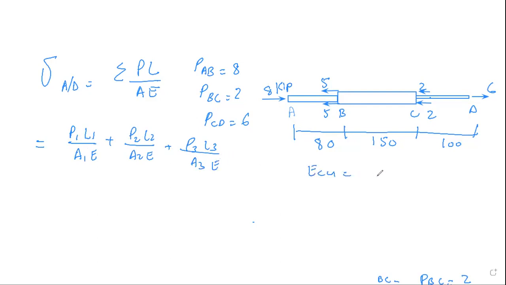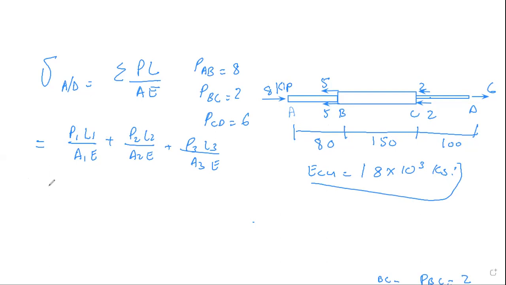E for copper is constant, which is 18 into 10 to the power 3 ksi. So this is our constant E. We'll put the value here. But L is different, P is different, and A is different. Now we know P, we know L. L is 80 for member AB, for member BC it is 150, and for member CD it is 100.